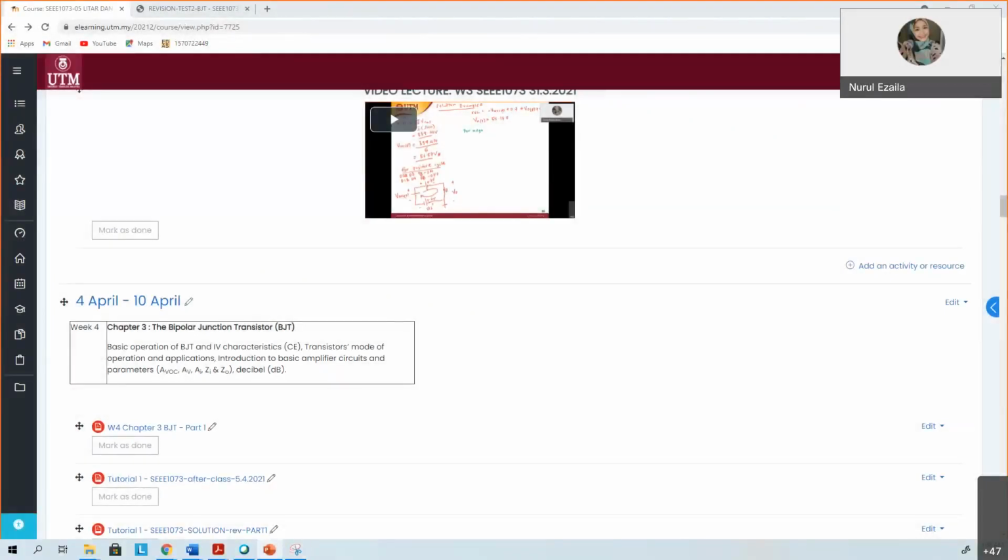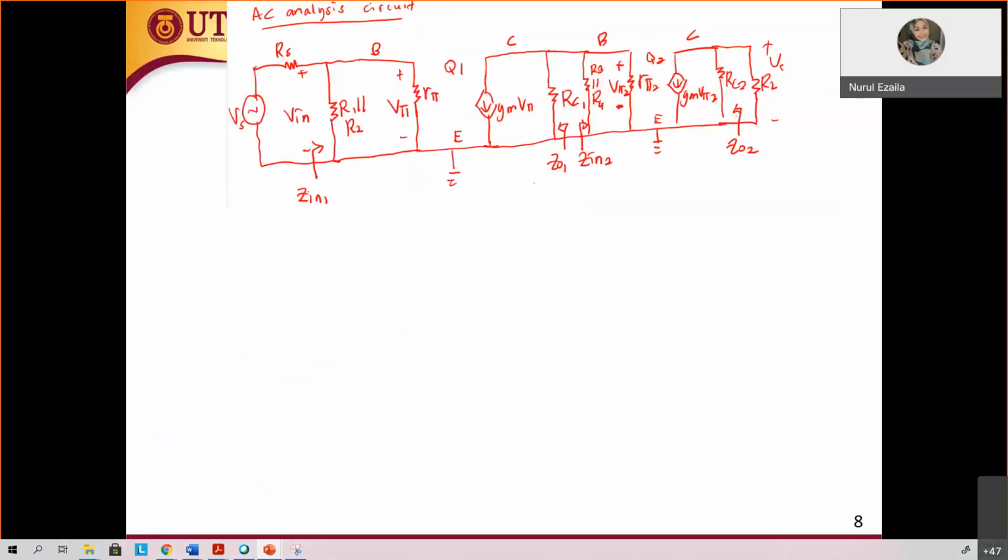Okay, so that is the AC equivalent circuit.